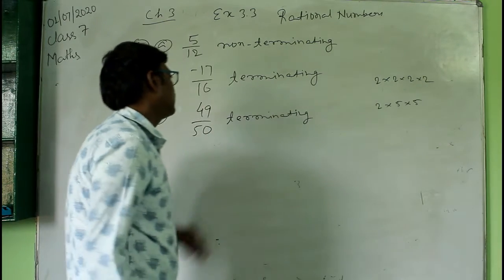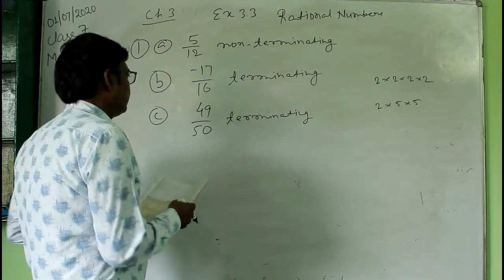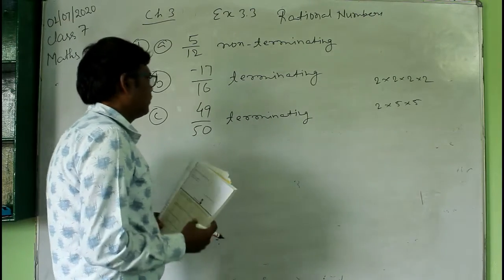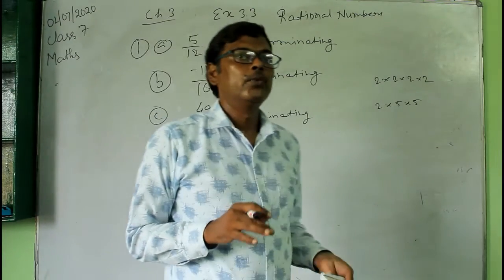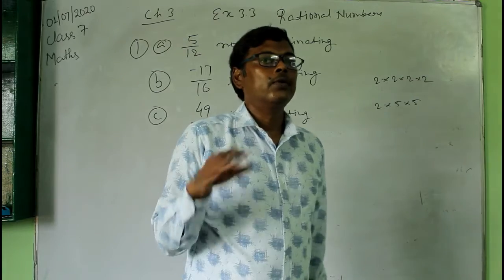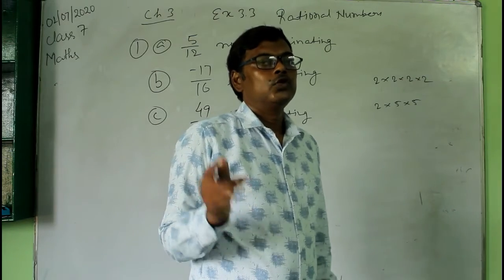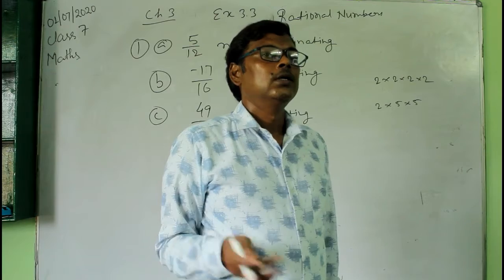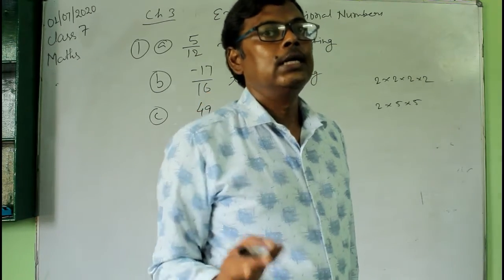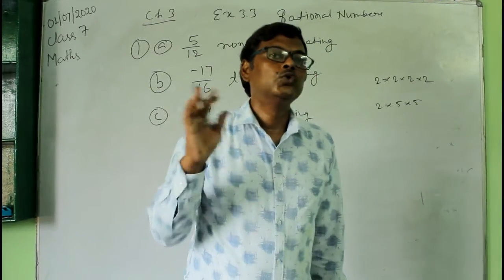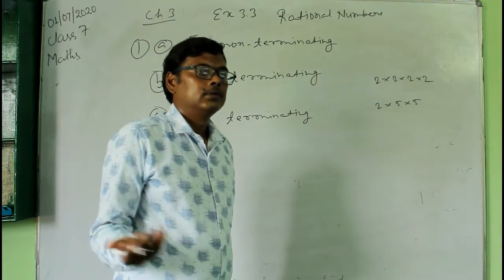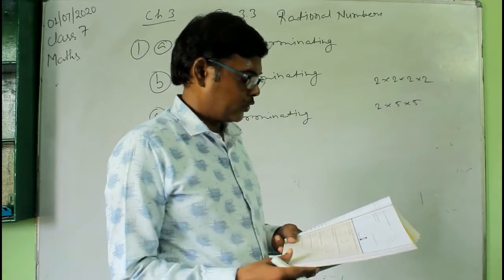And here both are there, so it will be a terminating decimal. Now similarly you can solve other questions just by observing the denominator. Observing the denominator means that you will find the prime factors, and then you will see if the denominator contains anything other than 2 or 5. Okay, then it will be non-terminating. That's it in this.